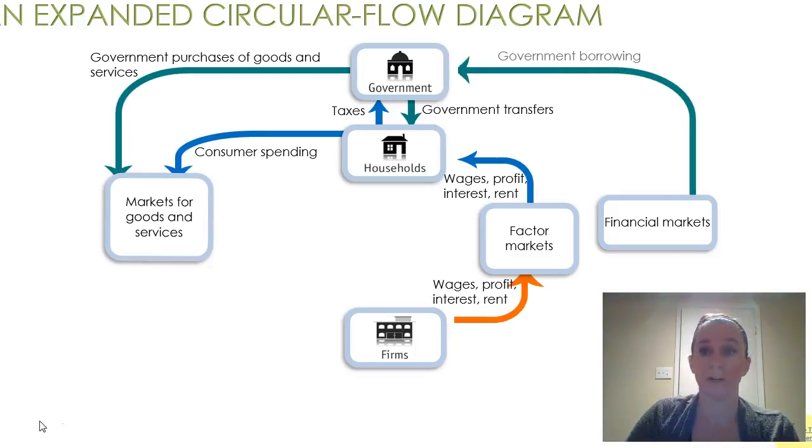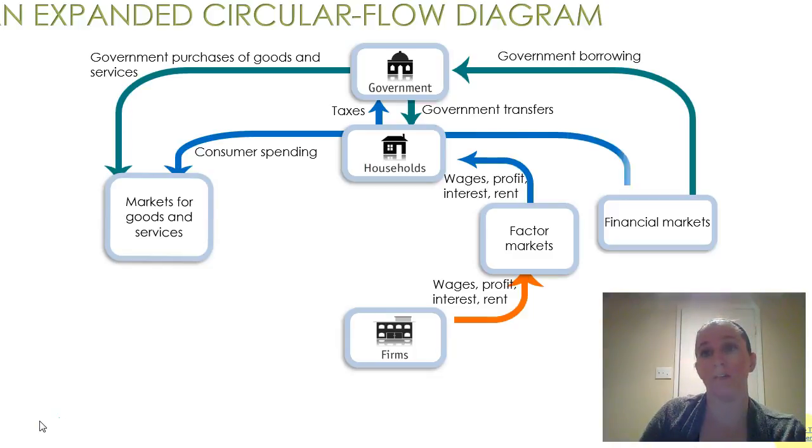With this financial markets, what the government can do in addition to taxes, as we know, we don't always have a balanced budget. They can borrow. They can borrow money from the financial markets in the form of government bonds. The way that this is funded is that they borrow this money, has to come from somewhere, right? It usually comes from the households in the form of our private savings.